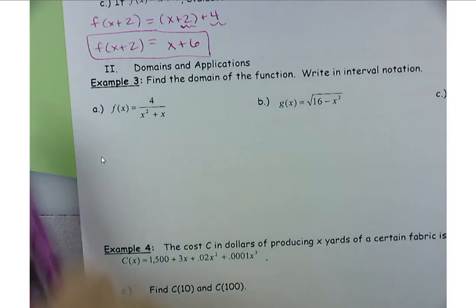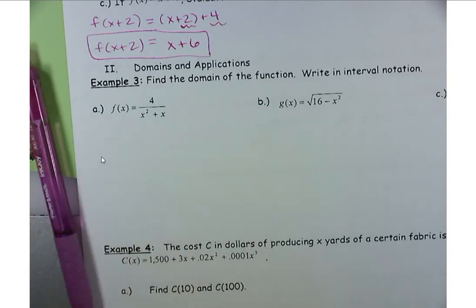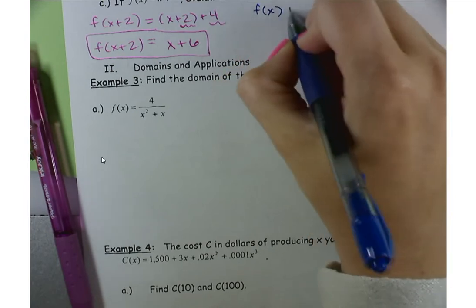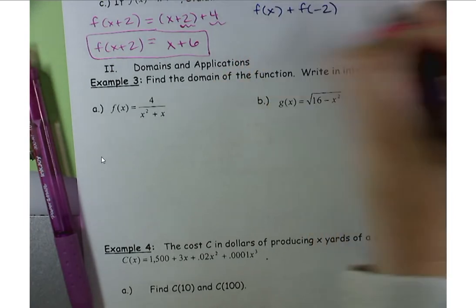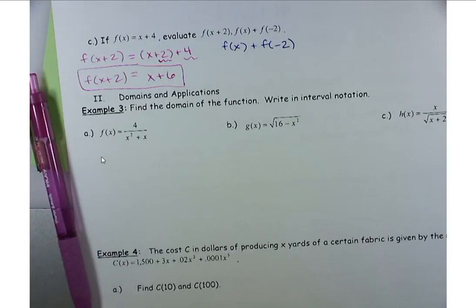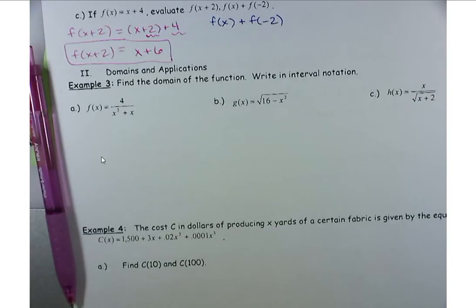For the next one, for f of x plus f of negative 2, how many substitutions am I going to have to do? 1 or 2? 2 or 1 technically. Well, f of x, I'm going to have to replace x with x, but it's the same thing, right?